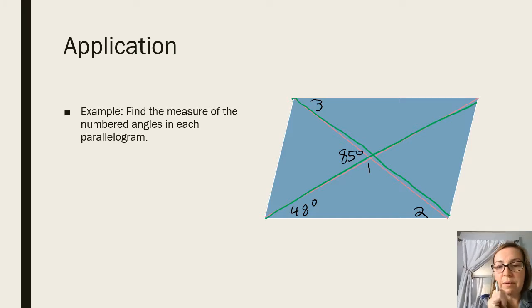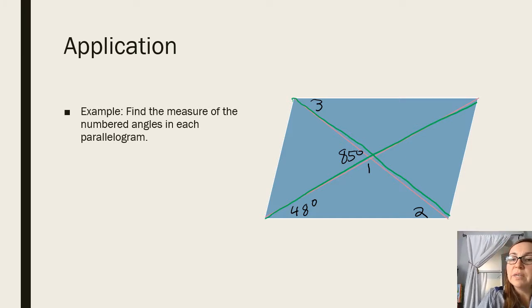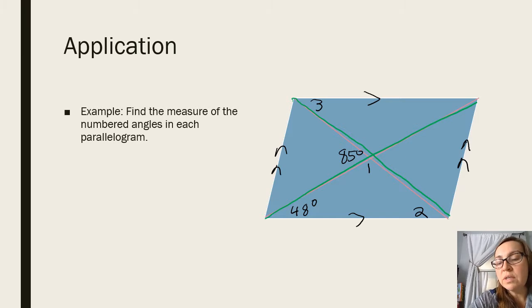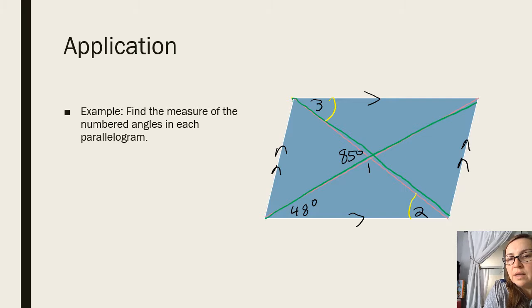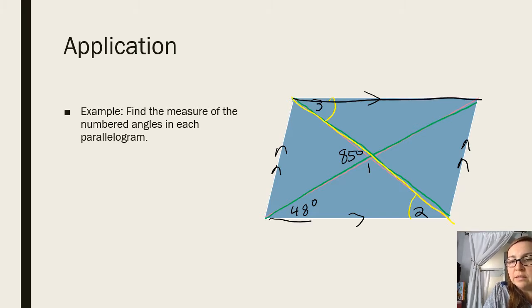So we're going to use all the information we know about parallel lines. Remember, this is a parallelogram. So this line is parallel to this. This line is parallel to this, and we're going to use this information to find all the angles. The first thing I'm going to highlight here is these angles right here and this line transversal to these two parallel lines.